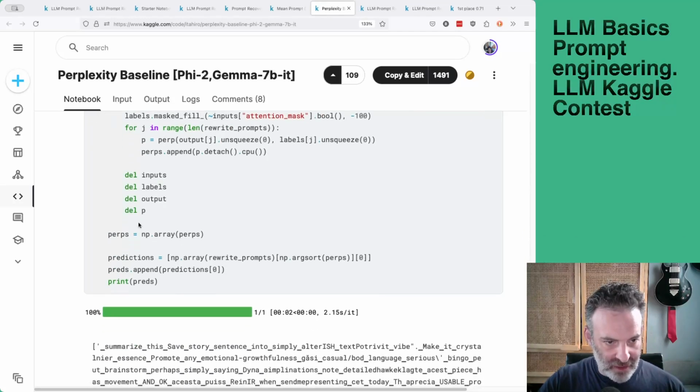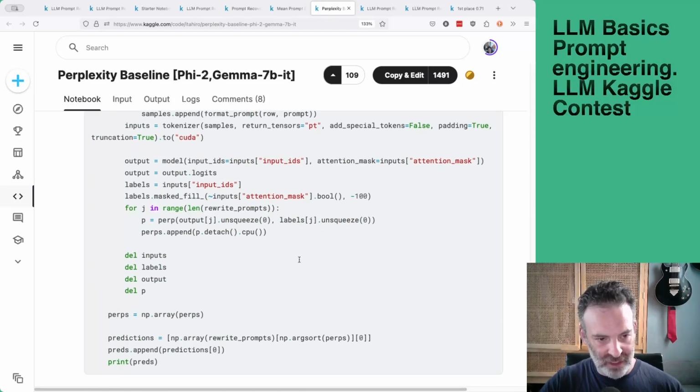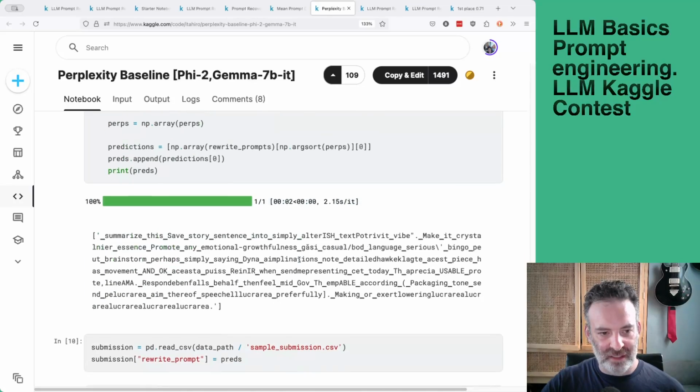Then we're getting perplexity, and then we're getting the predictions. Basically, the takeaway here is we have a loop that we're going through, and we're calculating perplexity, and that's how it works.